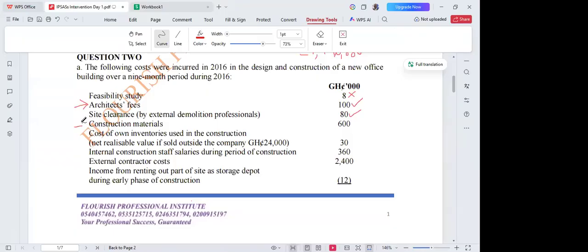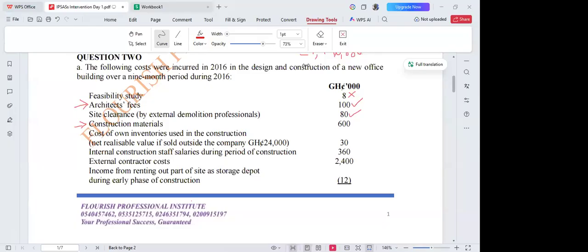Next we have is construction materials, 600. Are you going to consider that? Let me see the hands up. Dorcas, your hand is up.